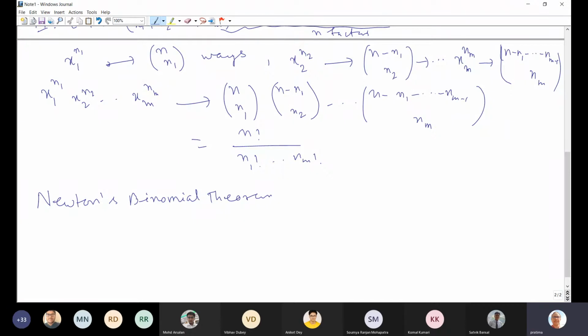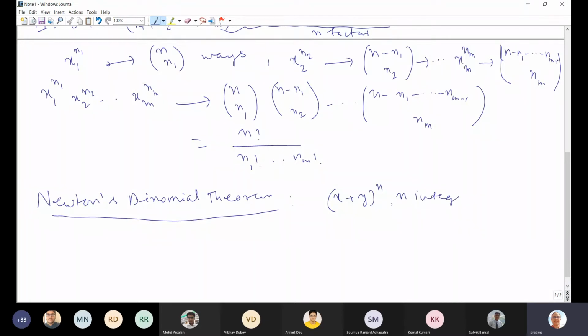Here Newton had generalized the binomial theorem. What was the generalization? In the binomial theorem, we consider (a + b) or (x + y) to the power n, and this n was a positive integer.